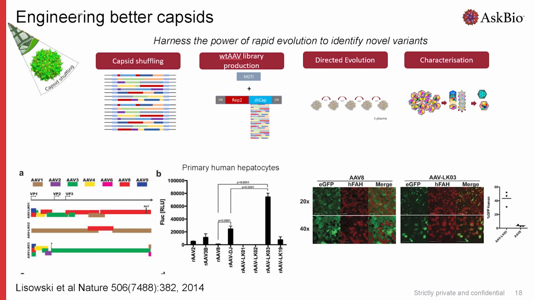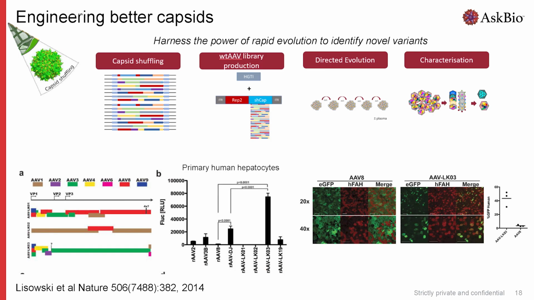Here you can use multiple means of selection. It could be on your favorite cell line and your favorite animal, combinations of both, including neutralizing antibodies to try and find the variants that will ultimately escape them and be your key variants to characterize.